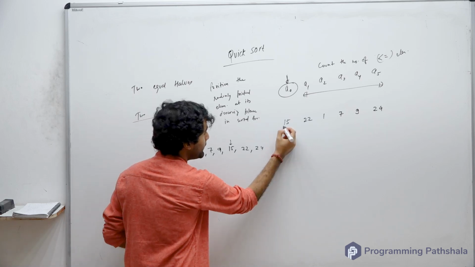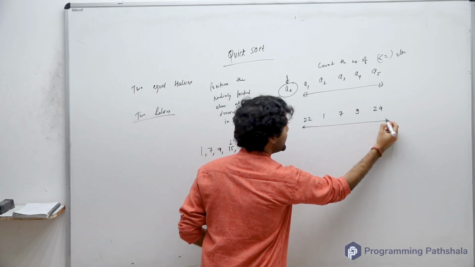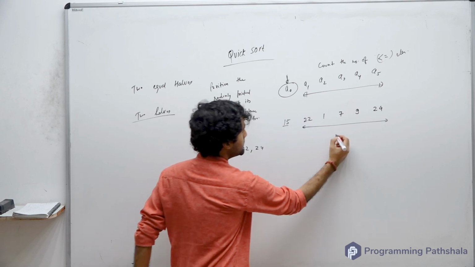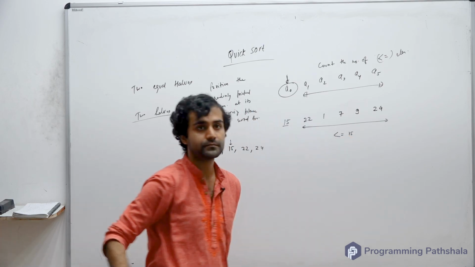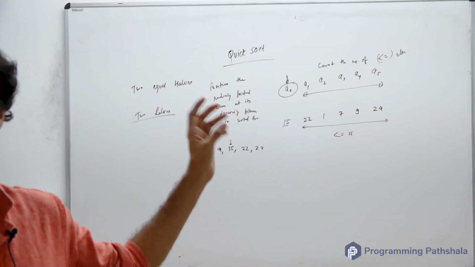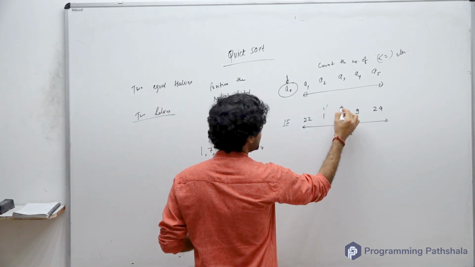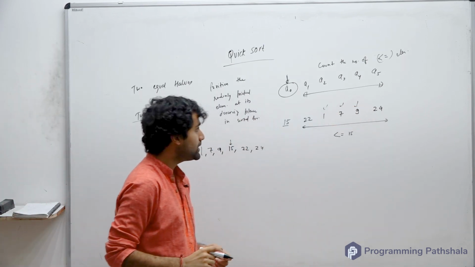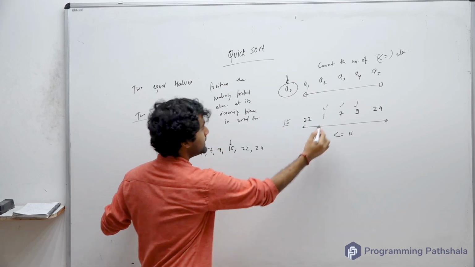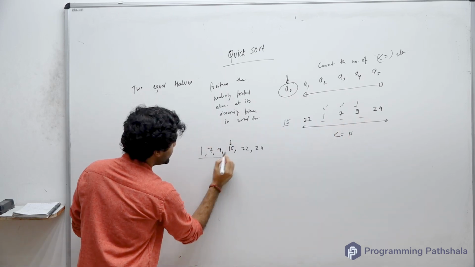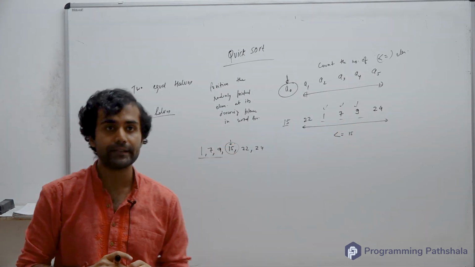So let's say you pick 15, and can you tell me how many elements from here to here are smaller than or equal to 15? There are 3 such elements, and those are 1, 7 and 9. So it's definite that 1, 7 and 9 will come before this 15 in the eventually sorted array, right?